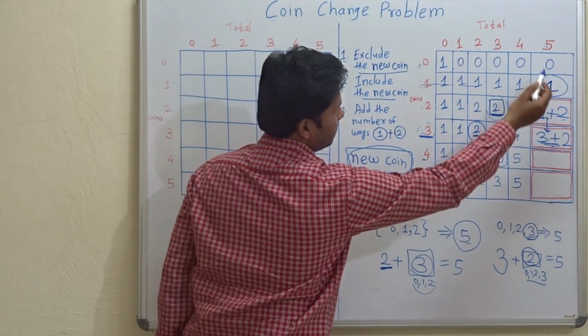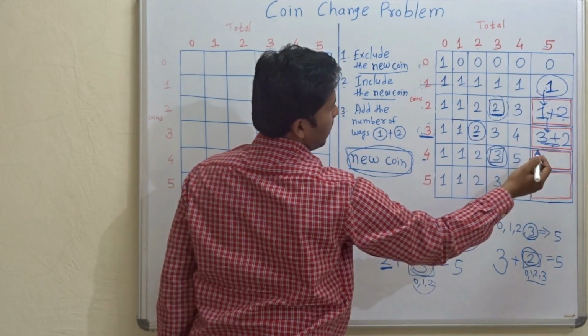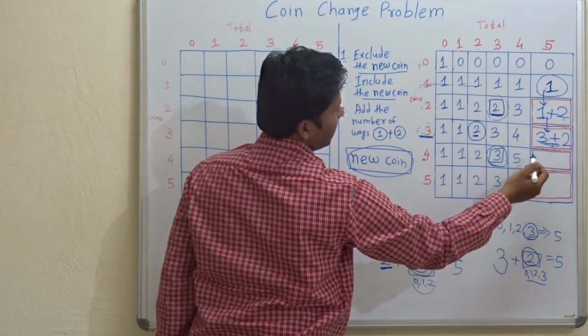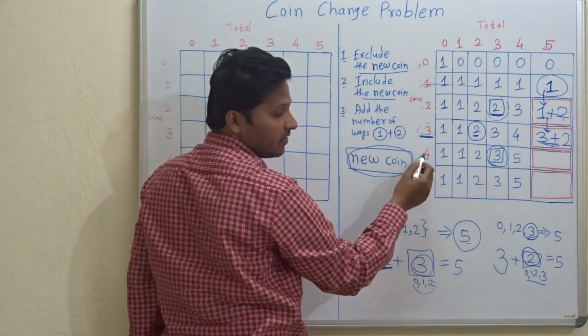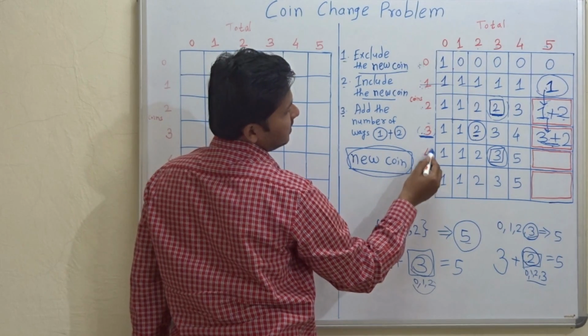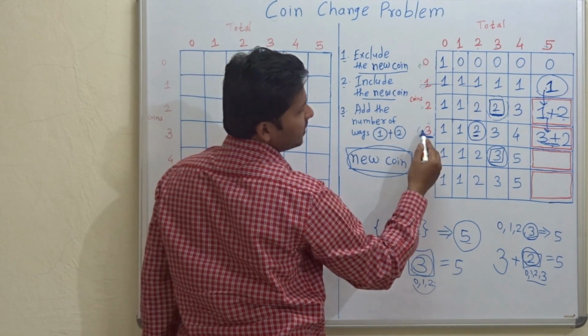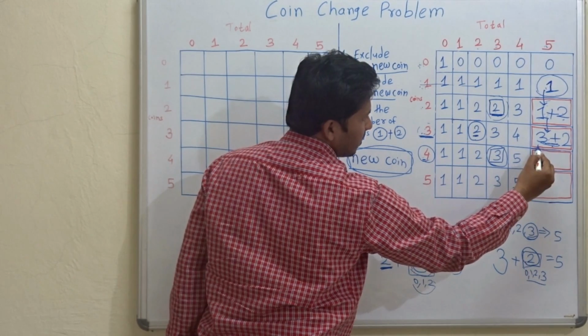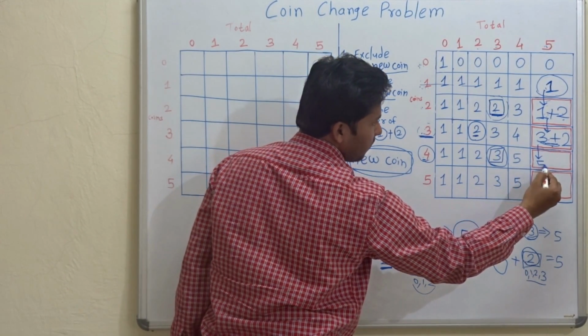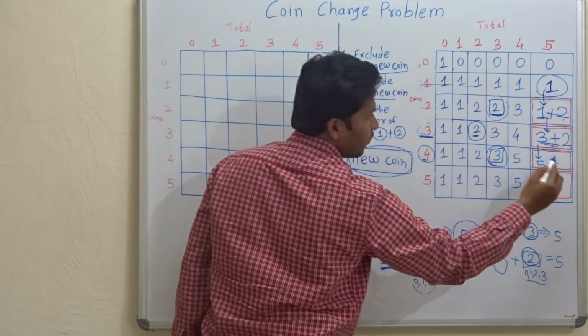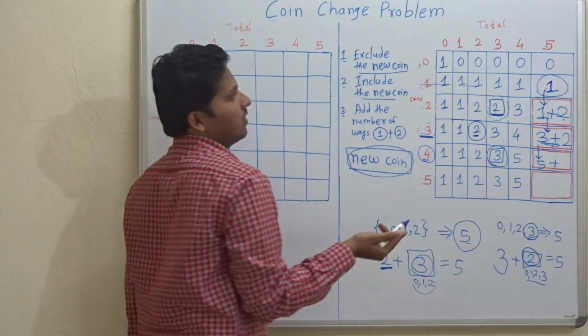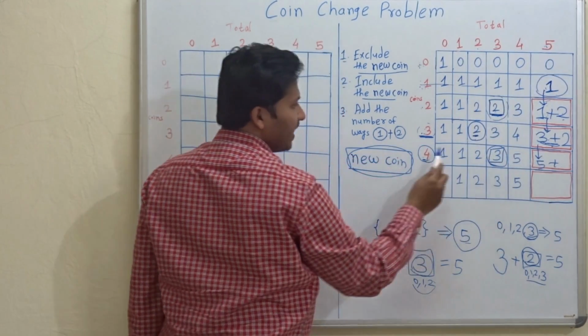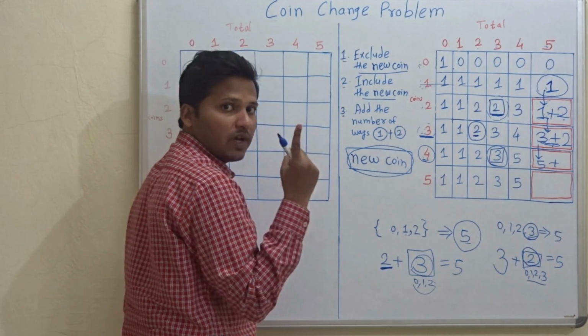Now see, 5, to make 5 by using coins 0, 1, 2, 3 and 4. This is the new coin, so exclude this coin. So we have to copy this above value here, 5 plus for inclusion. Now 5 minus 4 is 1.